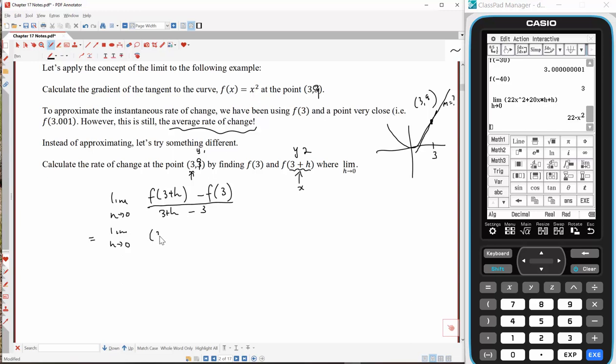That's going to be 3 plus h all squared, take away f of 3, which is 9, all over 3 plus h take 3 is just h. All right, now let's go limit as h approaches 0. 9 plus 6h plus h squared, the perfect square expansion, take away 9 over h. They both cancel out.